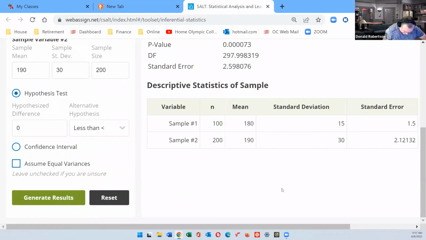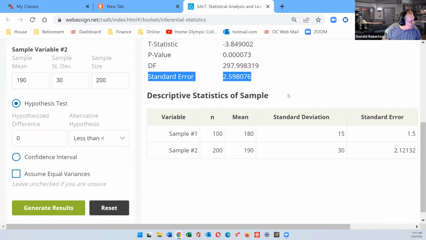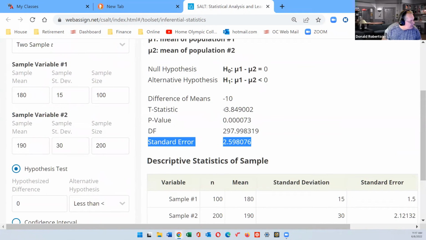Do you remember that standard error that I calculated? Do you see it's there? 2.589. Remember 2.5? That guy? Got that one right? And if I look a little bit higher, can you see the T statistic, that negative 3.85 guy?